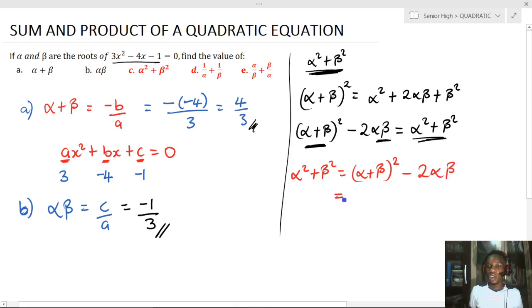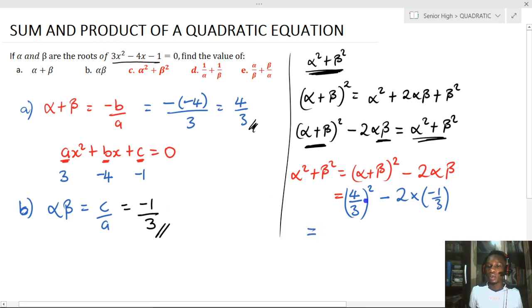Now this will just be a substitution, because we've already found the value of alpha plus beta and we've already found the value of alpha beta. So what's the value for alpha plus beta? From our solving, we got it as 4 over 3. So that will be 4 over 3 raised to the power of 2 minus 2 times alpha beta. Alpha beta is minus 1 over 3. So that's minus 1 over 3.